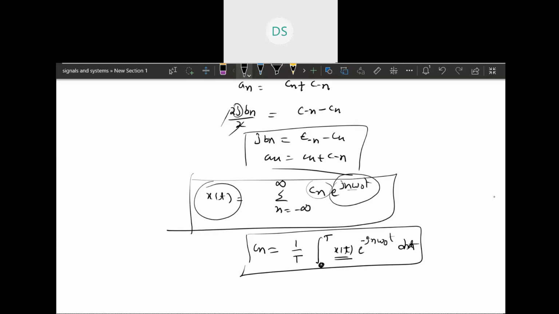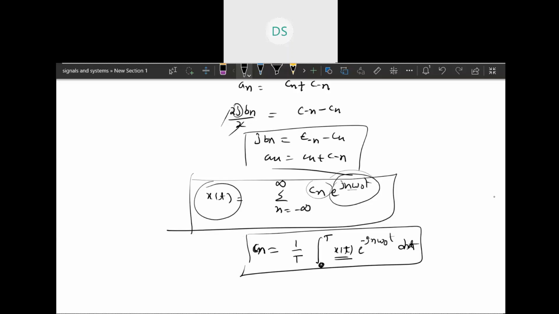Cn is equal to 1 by t integral over the time period t, and you can also take minus t by 2 to plus t by 2, x of t, a given signal, into the conjugate of e power jn omega naught t, which will become e power minus jn omega naught t dt.